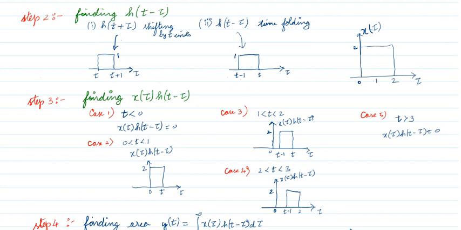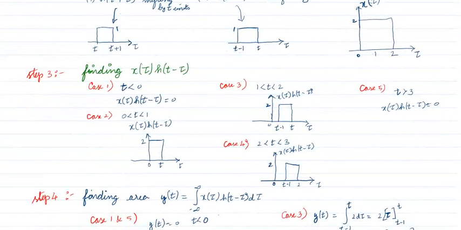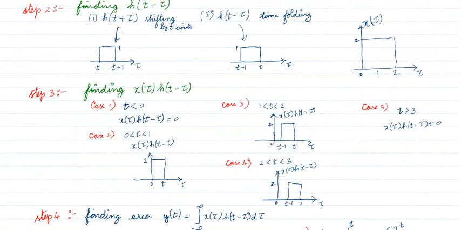Next case, t between 2 and 3. If you put t value 2, 2 minus 1 is 1, and here t is 2.